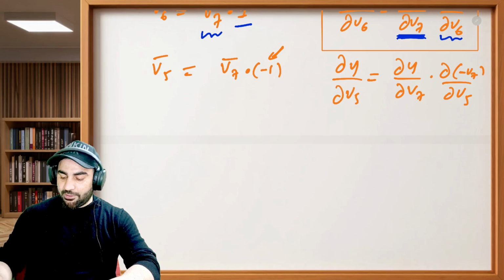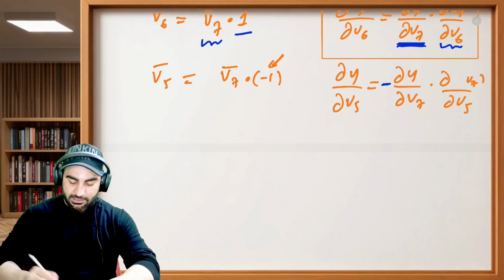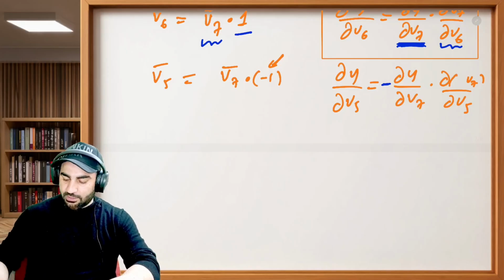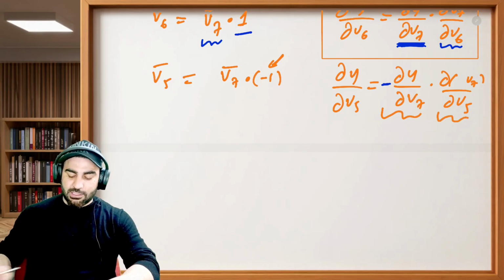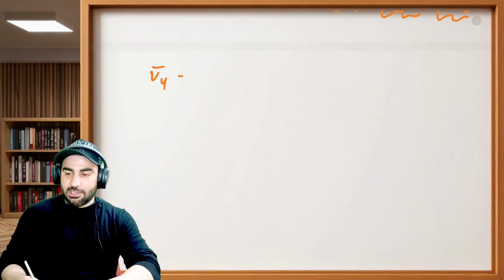By definition I can take this minus over here because it's a multiplication. So minus 1 is from this, and v7 bar is from this. That's how I wrote this. Now coming back to v4, v4 bar is equal to v6 bar multiplied by 1.